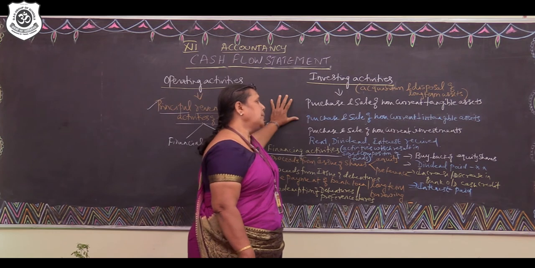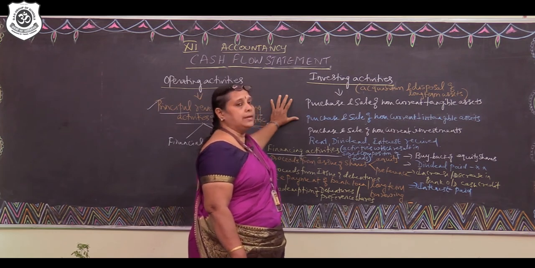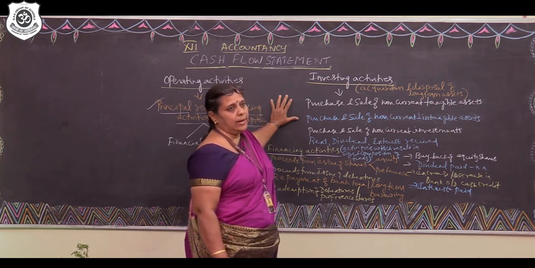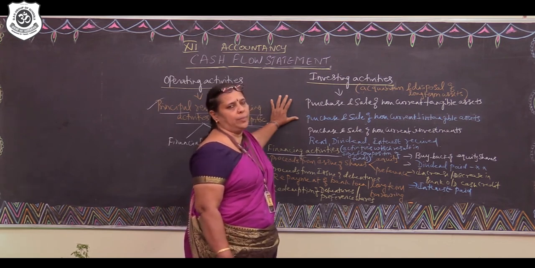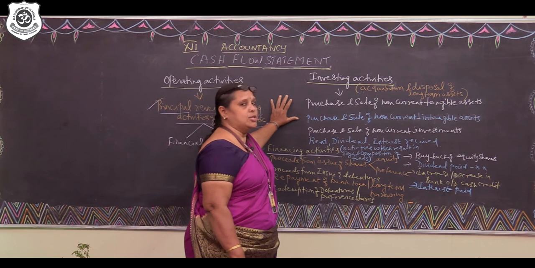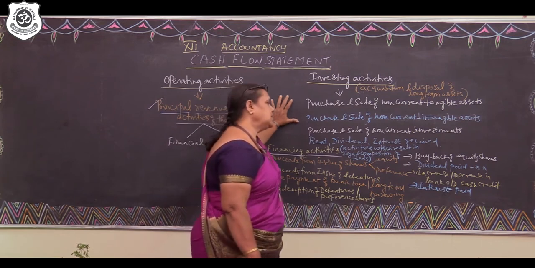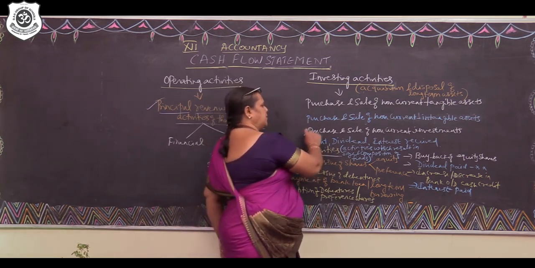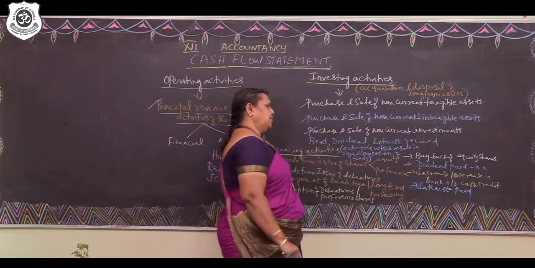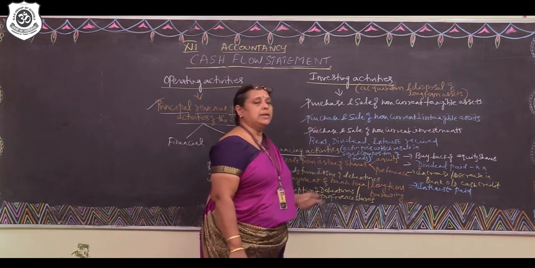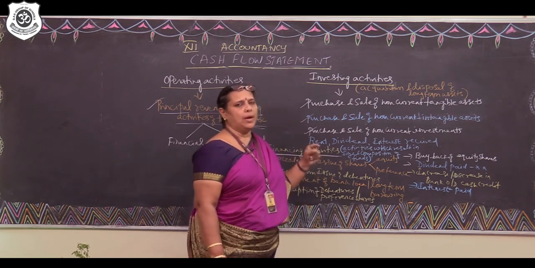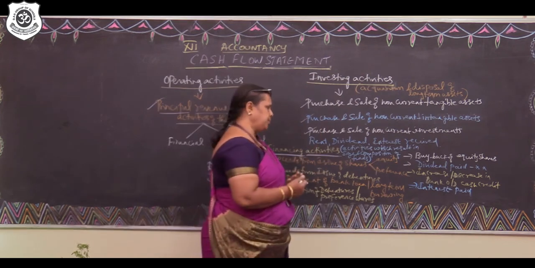The next is purchase and sale of non-current intangible assets in the form of goodwill, patents, copyrights, etc., intellectual property. Then, purchase and sale of non-current investments, that is long-term investments. Other than that, rent received, dividend received, interest received will all be a part of investing activities.